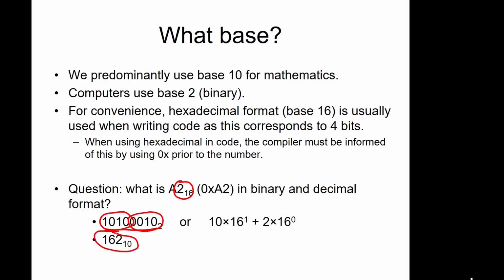Or we can convert it directly into base 10, because we know this place here is a 16 to the 0 place, and this place here is a 16 to the 1 place. So our 2 represents a value of 2, and our A represents a value of 10, but that is the second place along, so that is a 16 to the 1 term.